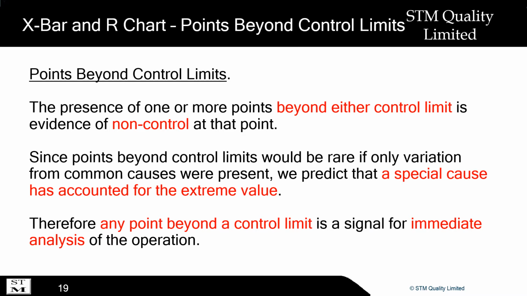Since points beyond control limits would be rare if only variation from common causes were present, we predict that a special cause has accounted for the extreme value. Therefore, any point beyond a control limit is a signal for immediate analysis of the operation.